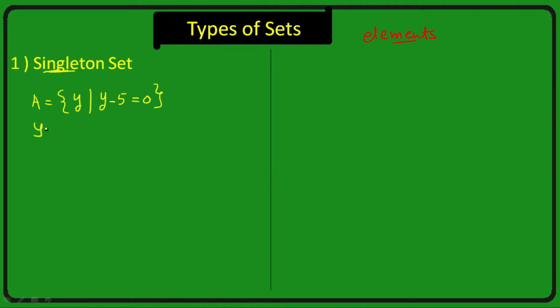The given equation is y minus 5 is equal to 0. Transpose the 5 to the right hand side, so we get y is equal to 0 plus 5, and finally we get y is equal to 5. It means that in the set A there is only one element, and that is 5. So such a type of set is called a singleton set. So this is the first example.